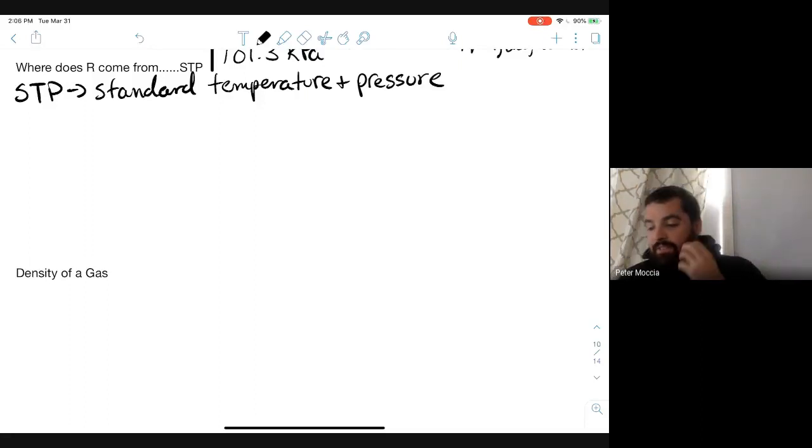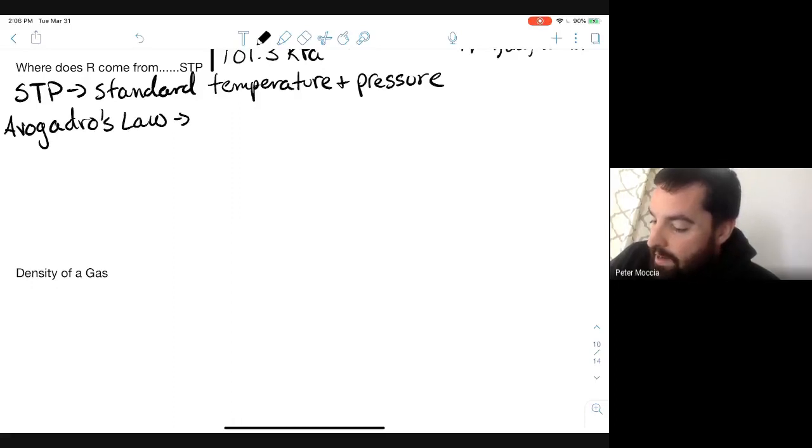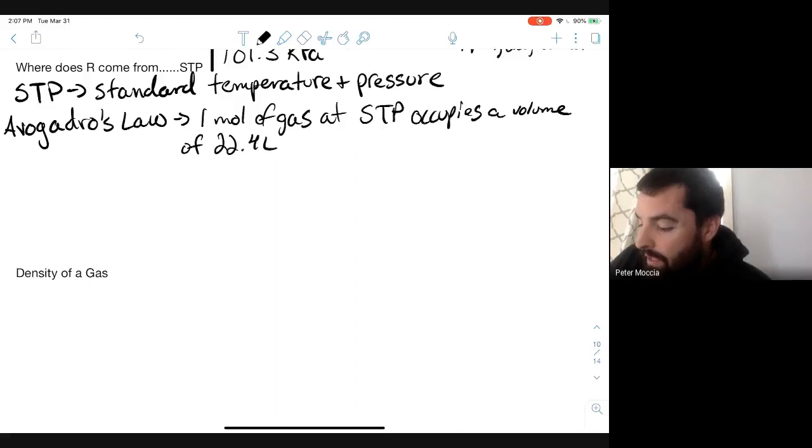Okay? And Avogadro's law states that 1 mole of gas at STP occupies a volume of 22.4 liters.